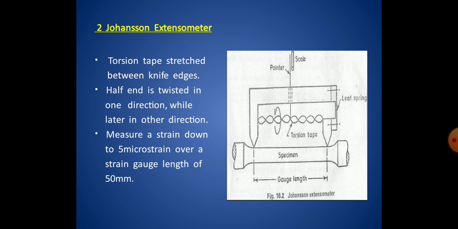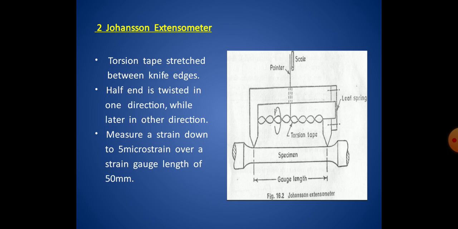Johansson extensometer works on the same principle as the Johansson microcator, a comparative measurement instrument used in comparative measurements. In between, a twisted wire is there. When extension or deformation happens, the central part of the torsion tape will wind or unwind, and accordingly the pointer will move on the scale.